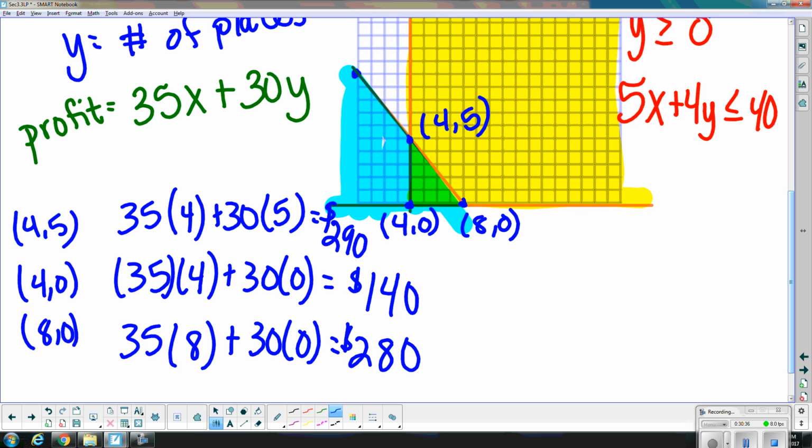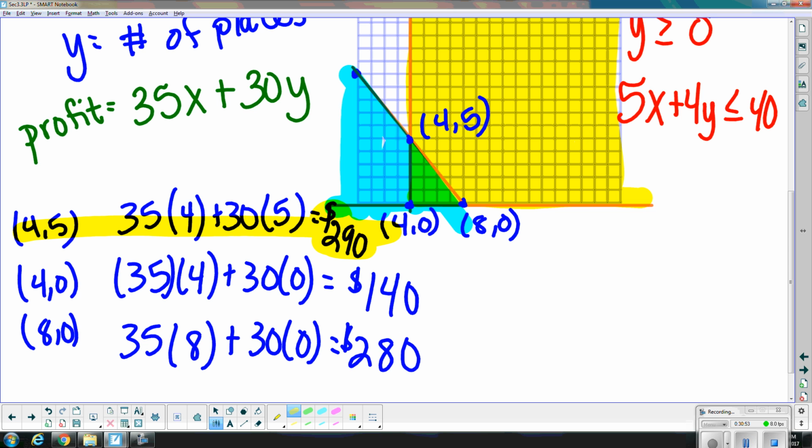in order to get my optimization, my best possible solution? This first one here gives me $290. That's my best solution. It's just a little bit better than my $280 solution.